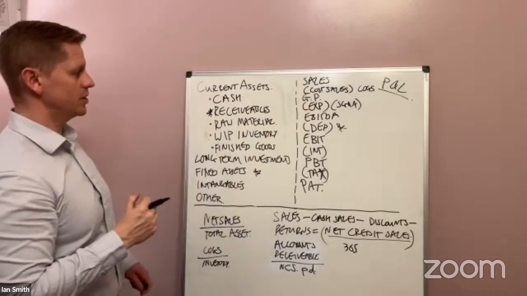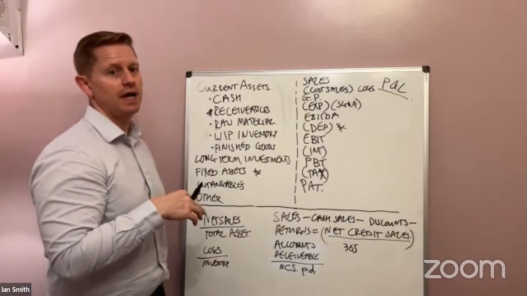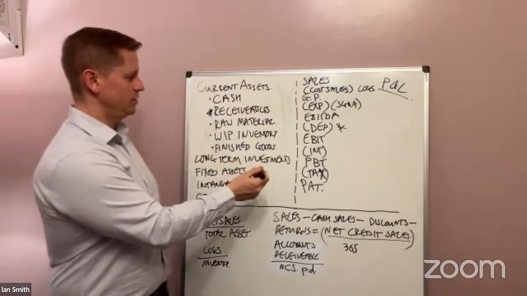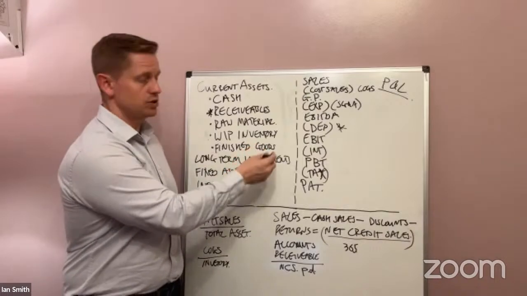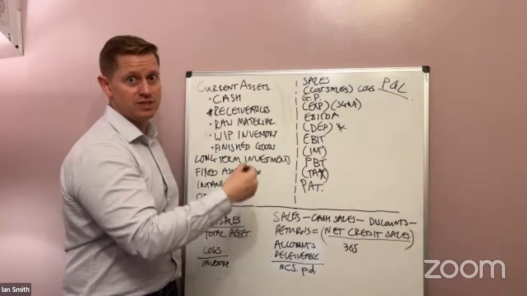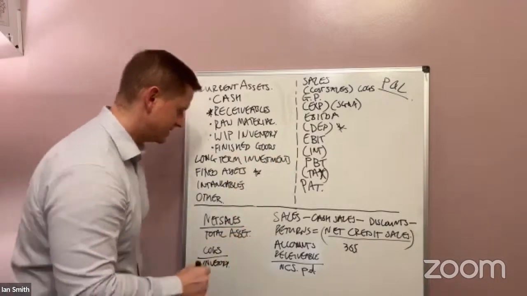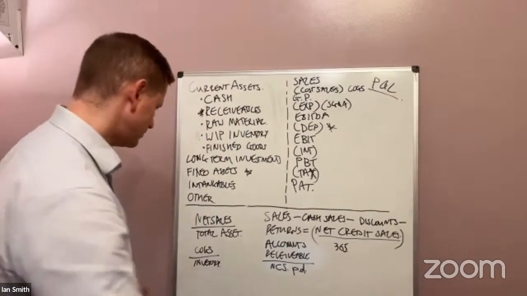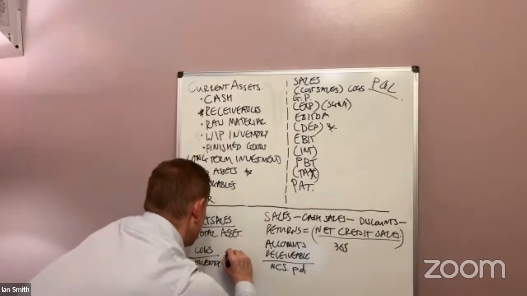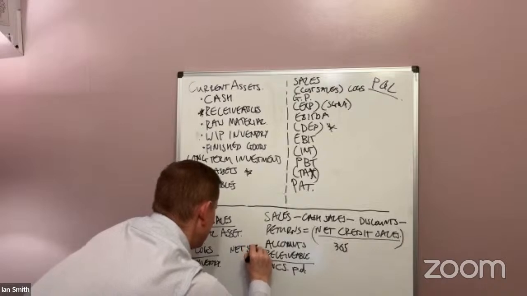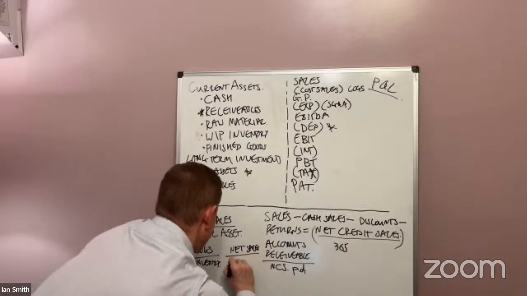So you'll have a gross block, perhaps, within your statements, and you'll be able to deduct accumulated depreciation from your fixed assets, which then gives you your net fixed assets. So that ratio is net sales over net fixed assets.